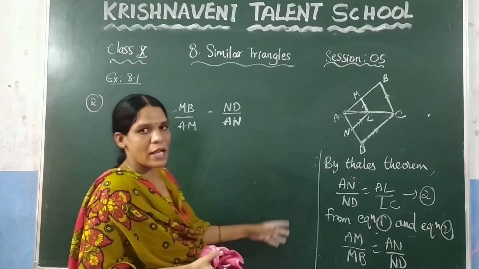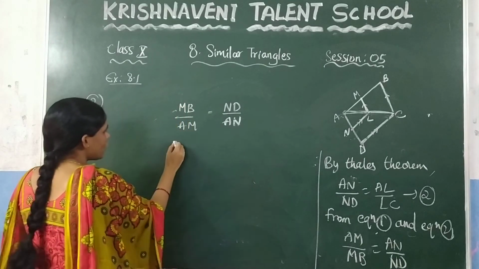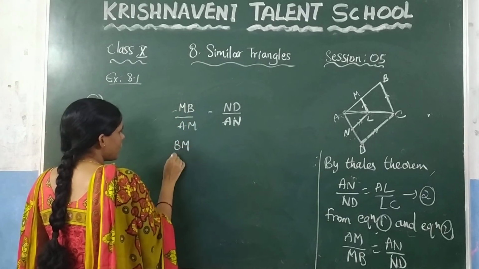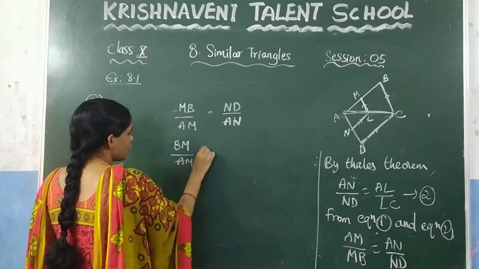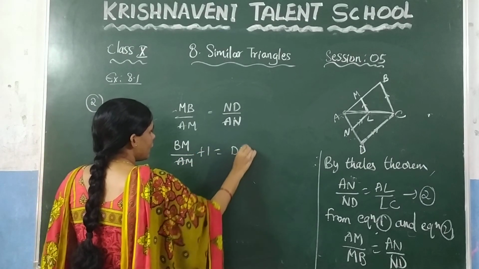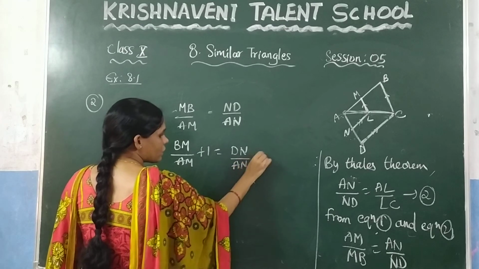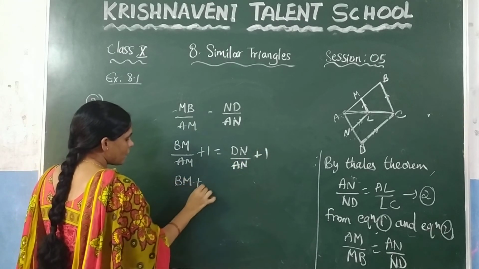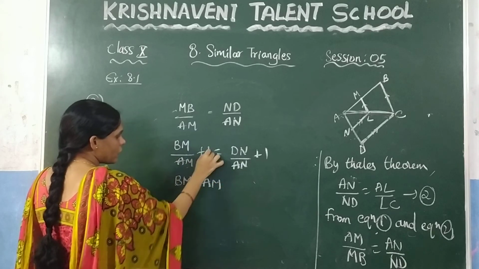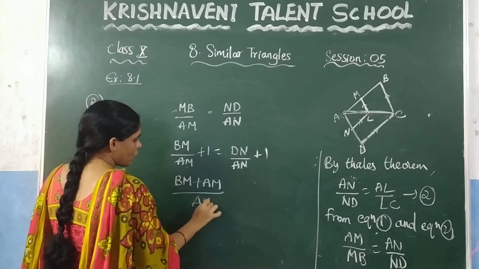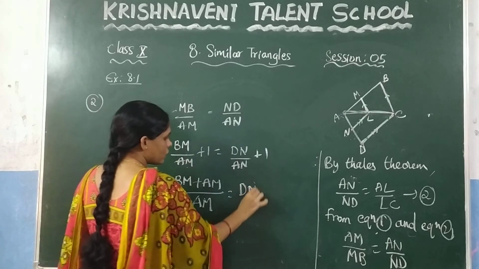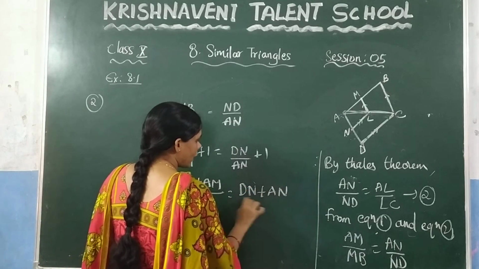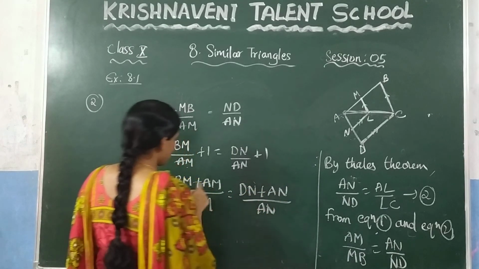Now let us add 1 on both sides. After adding 1 on both sides, what you will get is BM by AM plus 1 is equal to DN by AN plus 1. So just add it: BM plus AM by AM is equal to DN plus AN by AN. What is the value of BM plus AM?